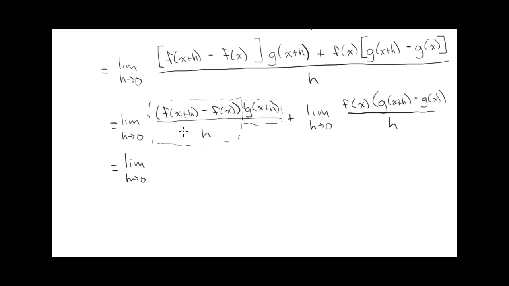So I can take the limit of this and multiply by the limit of this, provided those limits exist, but again, same reason as before, we're going to assume they do. Plus, and then I'm going to do the same thing here.